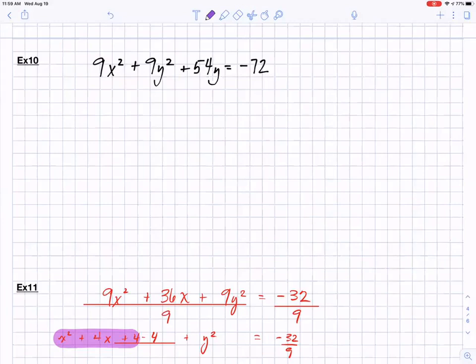Oh, 6. This is the messed up one. Okay, all right, keep going.